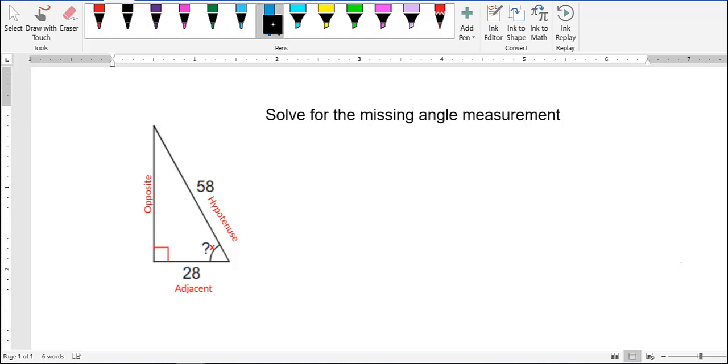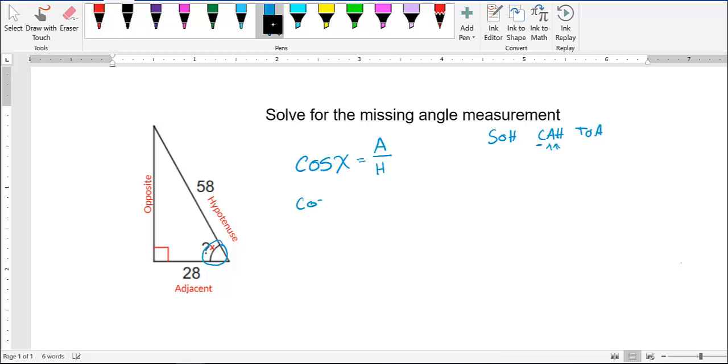Okay, so here we want to find the missing angle measurement of x. Previously, we had decided that this was the cosine function because we had the adjacent over the hypotenuse. Those were our features using cosine: adjacent, hypotenuse.